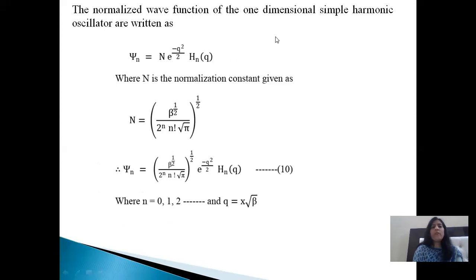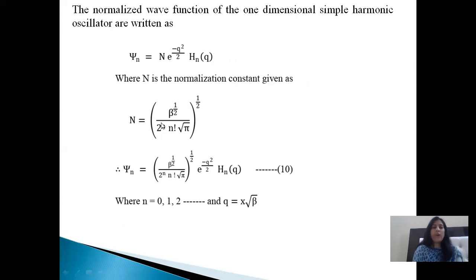The normalized wave function of the one-dimensional simple harmonic oscillator is written as psi_n equal to N e^(-q²/2) H_n(q), where psi_n is the wave function, N is the normalization constant, and H_n(q) is the Hermite polynomial of degree n. The normalization constant N is given by (beta^(1/2) / (2^n n! root pi))^(1/2).